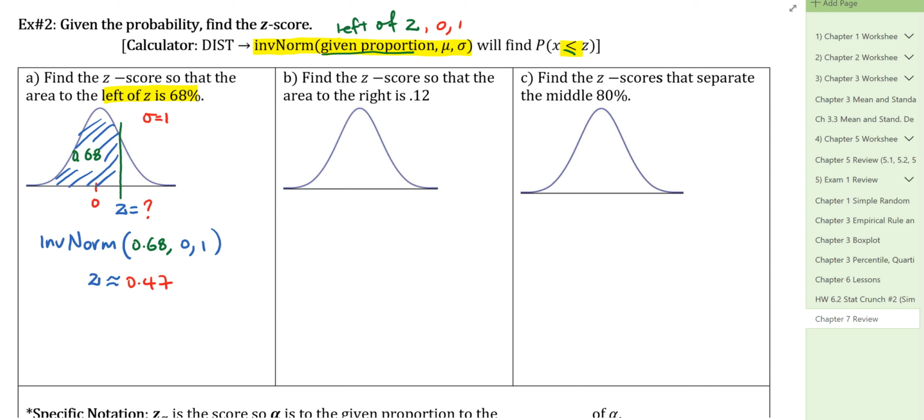I want to look for the z-score so that the area to the right is 0.12, so the right tail area is 0.12. I could even label it like this. I'm given that this area here is 0.12. I can shade the region that represents 0.12, and the question asks me to look for this little z-score here. Z is equal to what? That's what I'm trying to find.